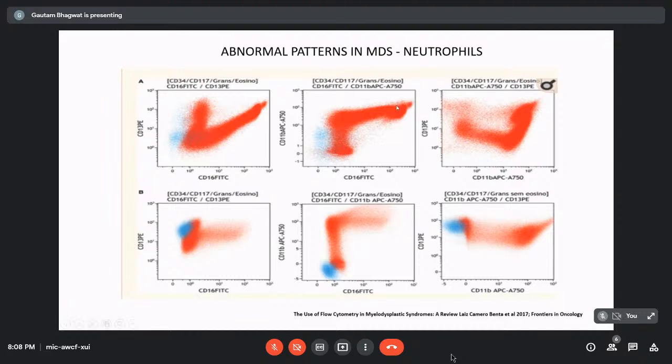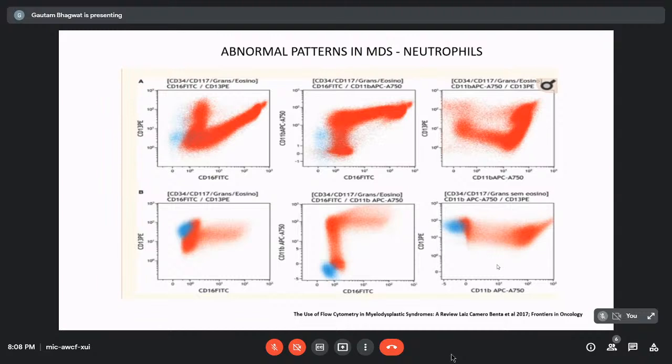If you see CD16 and CD11b, a normal nice pattern, here there is something missing. These cells are being overexpressed. All cells are not maturing. There is some maturation arrest. Similarly, with CD13 and CD11b, see these cells are not present over here. So knowing the normal maturation pattern and comparing your sample would help in telling you whether dysplasia is present or not.